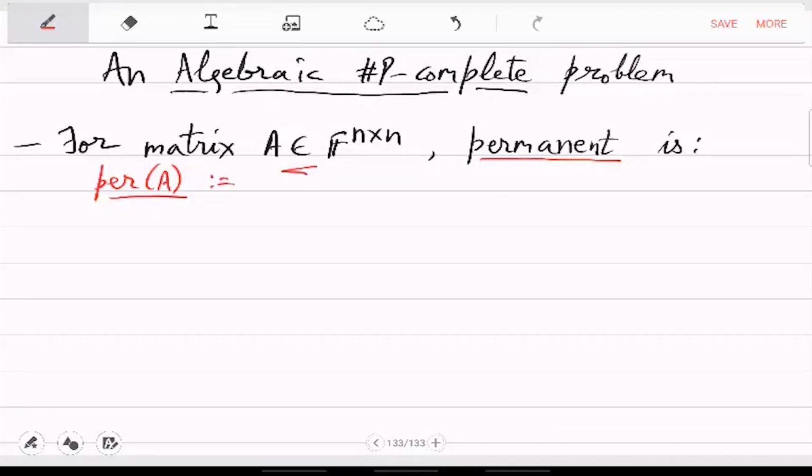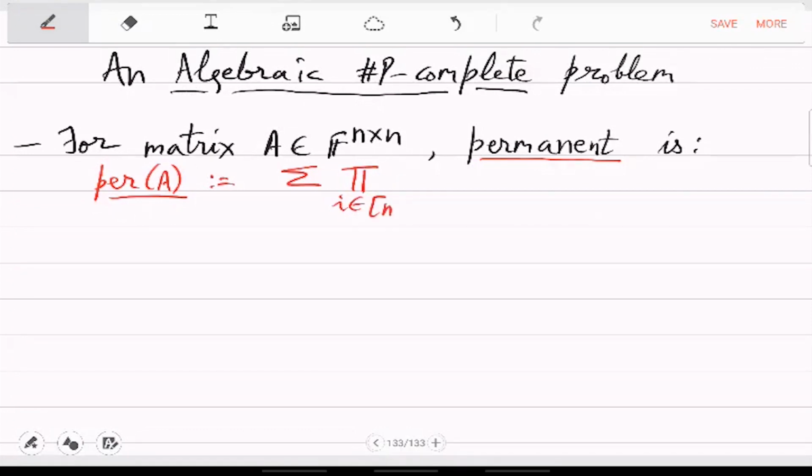It is the sum of product of elements in the matrix, but very special elements. These elements will actually correspond to picking n locations, none of which share a row or a column. Okay, so they will correspond to what are called permutations.